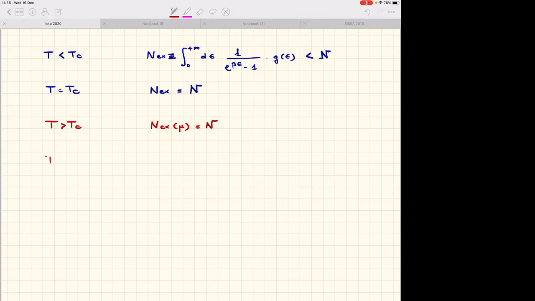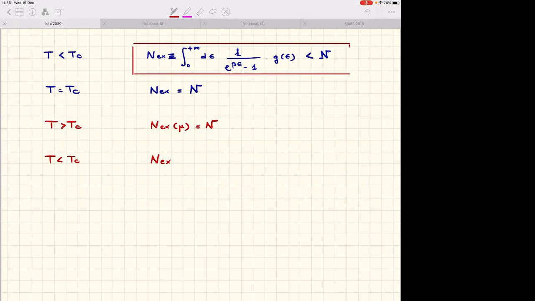If the temperature T is smaller than Tc, what happens is that a number of particles equal to NEX, written up here, is occupying excited states.